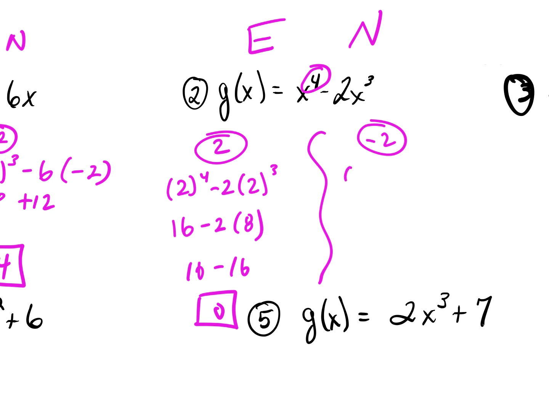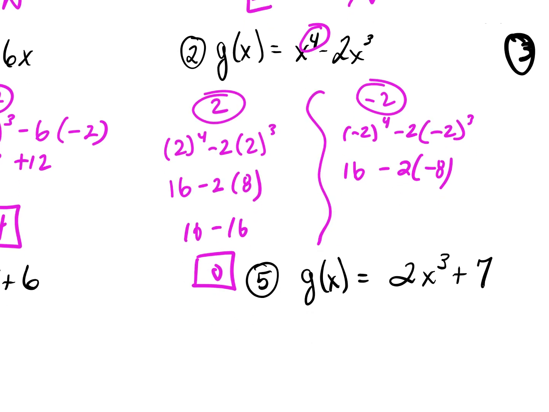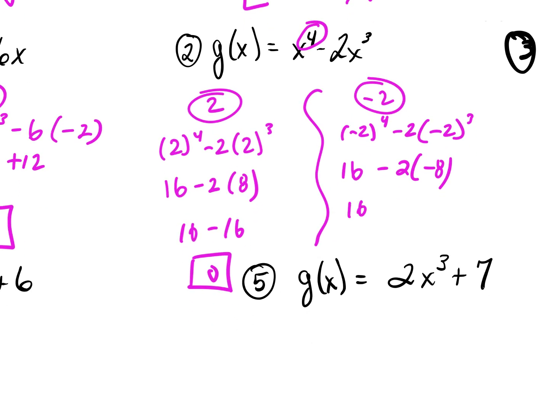Over here, I have negative 2 to the 4th minus 2 times negative 2 cubed. So negative 2 to the 4th is 16 minus 2 times negative 8. Yep. So I have 16 plus 16, and I get what? 32.